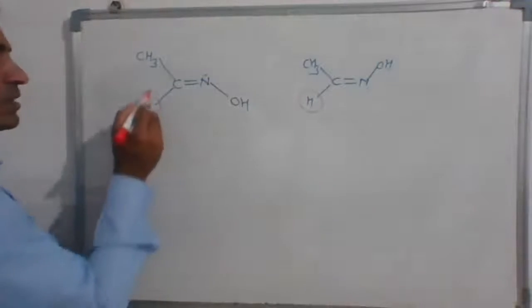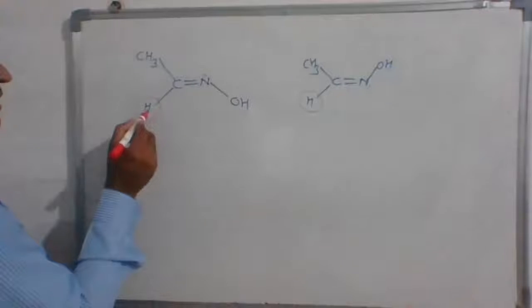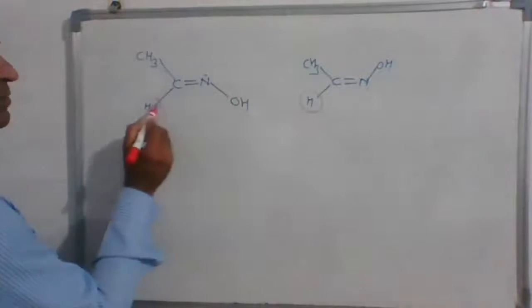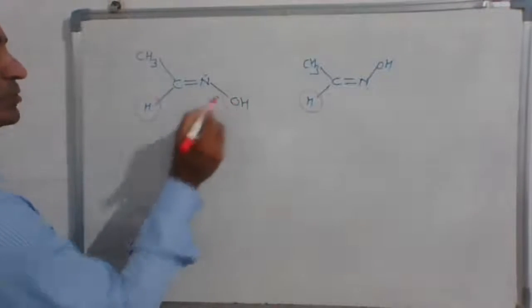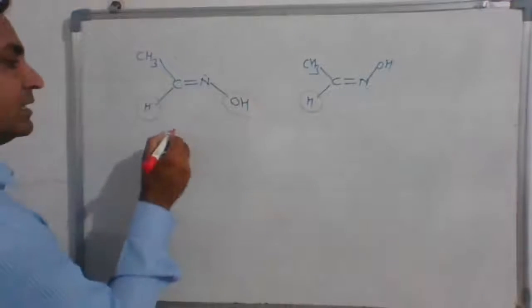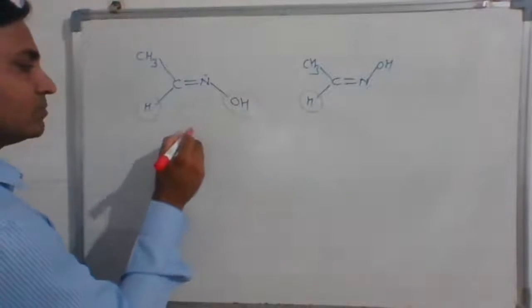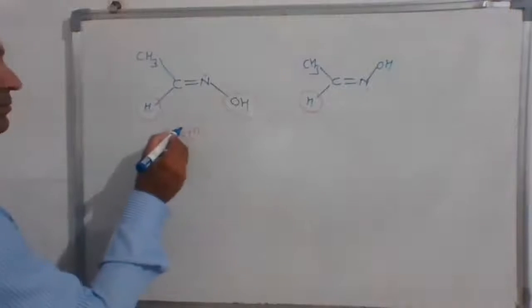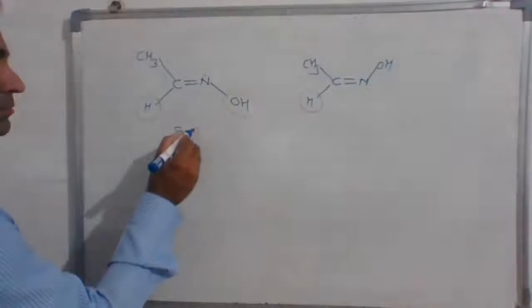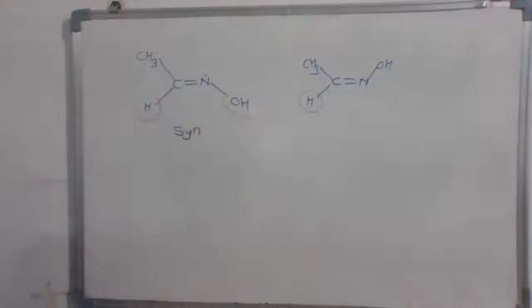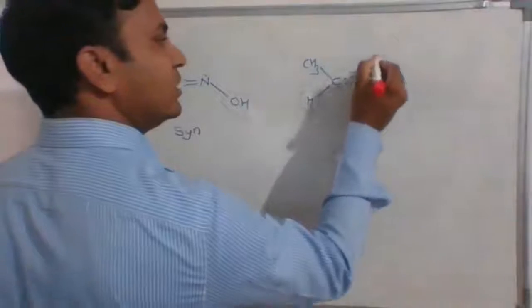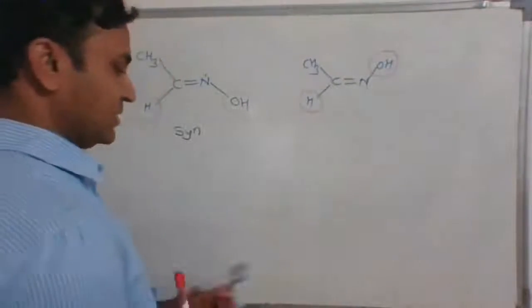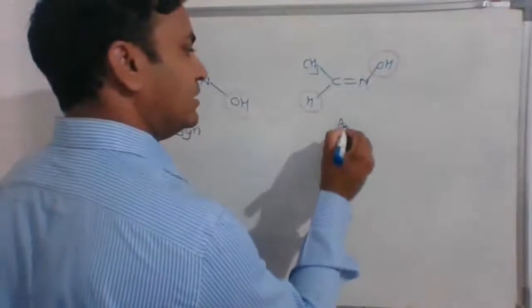See here, the isomer having hydrogen and OH both on the same side, then it is syn isomer. Then it is syn oxime. Syn. And when the hydrogen and OH are on the opposite side, then it is anti-isomer.